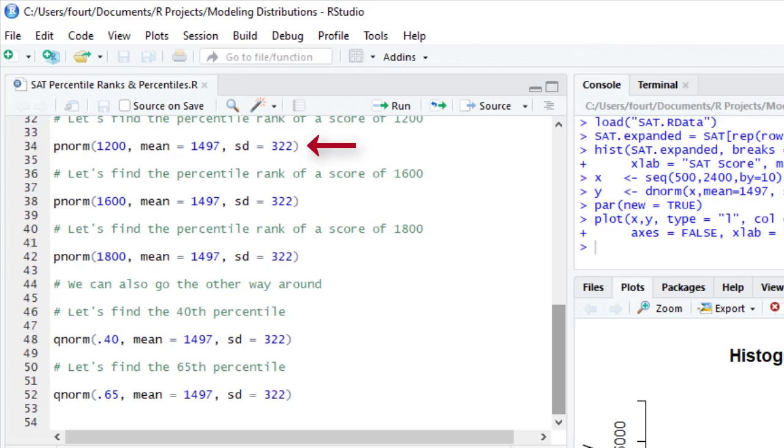I supply the score of 1200 as the first parameter for the function pnorm. The next two parameters for the function are the parameters of the normal distribution. In this case, the mean of the normal distribution is 1497 and the standard deviation is 322.